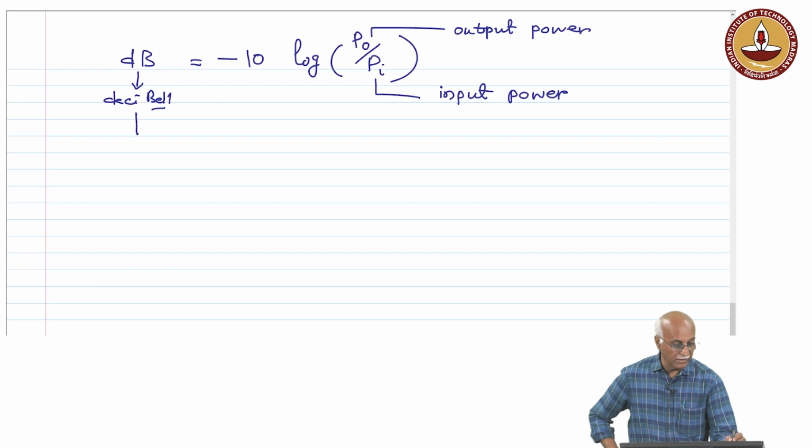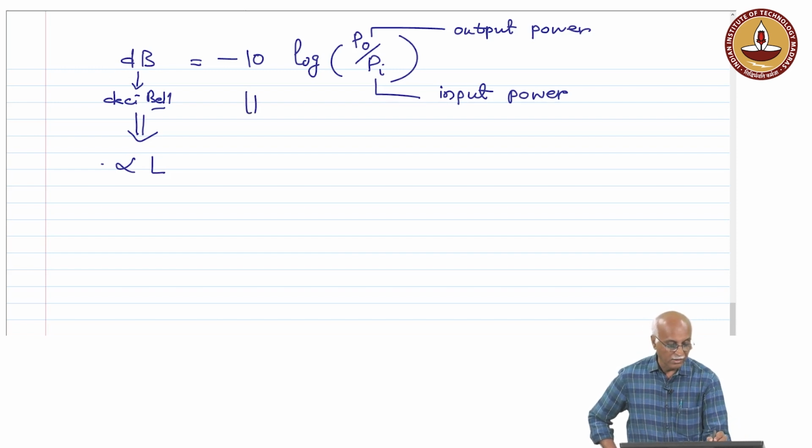This decibel loss can be represented by alpha into L. Now, this alpha is not the one I described in the previous case. It is the loss represented in decibel.